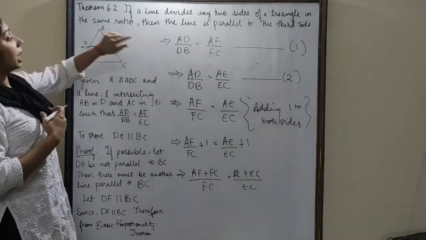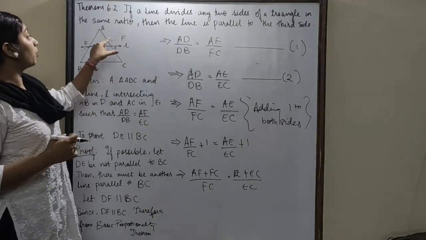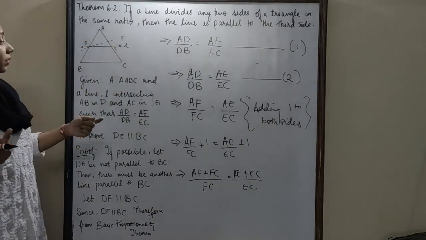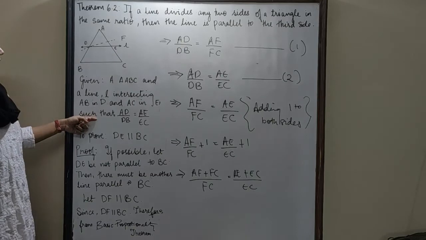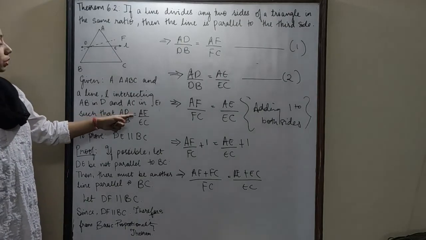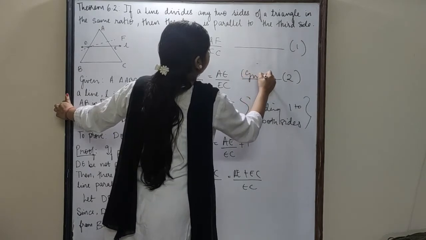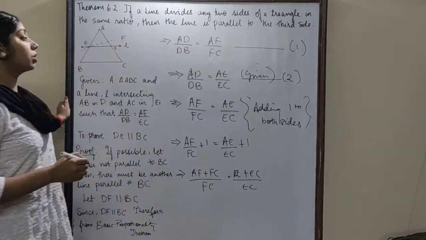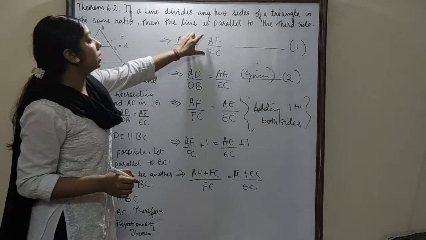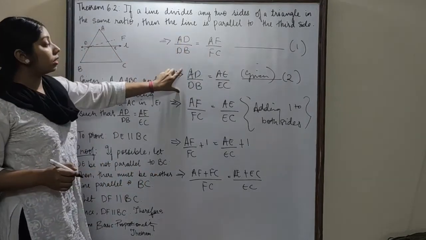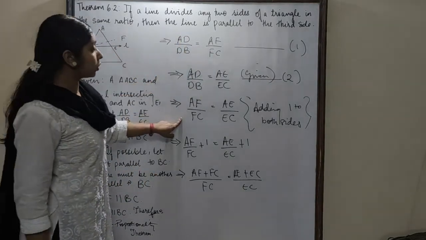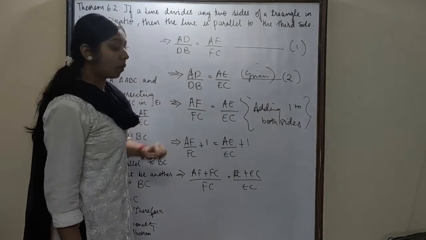So over here, AD upon DB is equal to AF upon FC. But it is already given that AD upon DB equals AE upon EC. Here you will mention given. So both these terms are equal to AD upon DB. Therefore, AF upon FC equals AE upon EC.